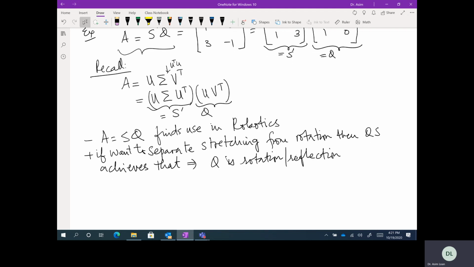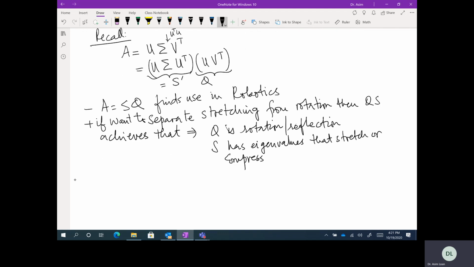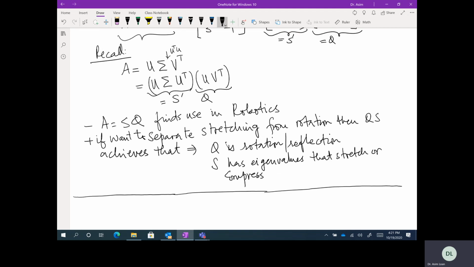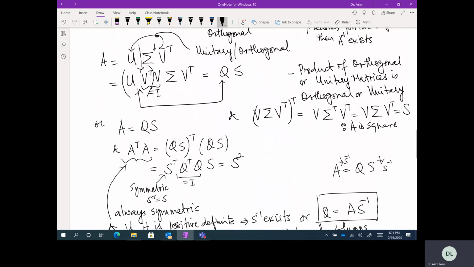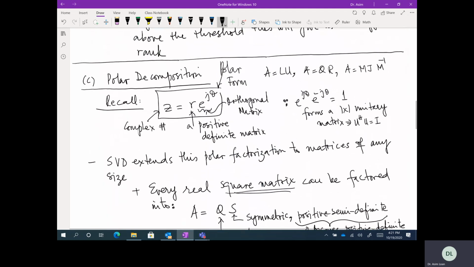And S has eigenvalues that stretch or compress. And this is how you separate both the actions.